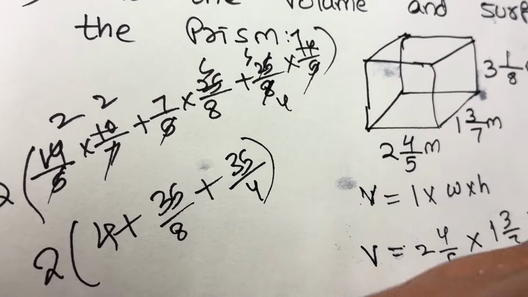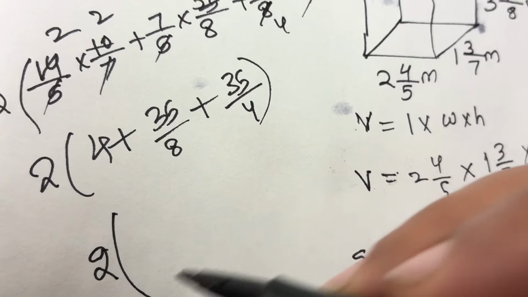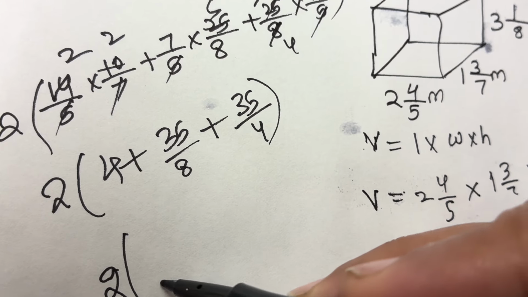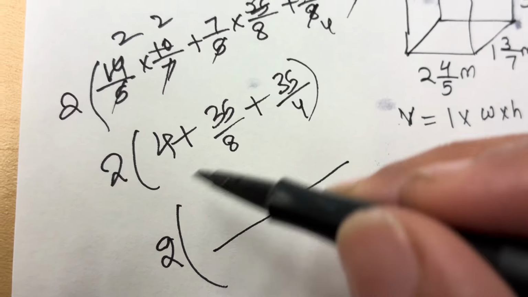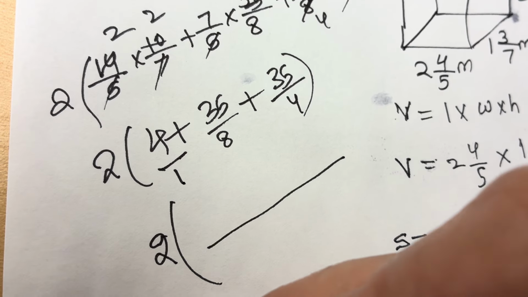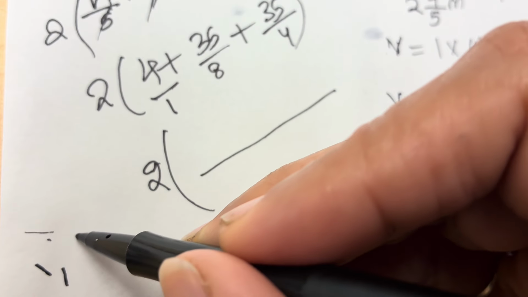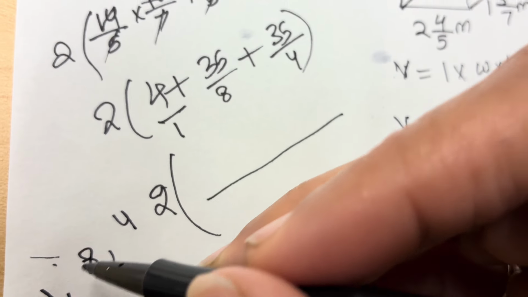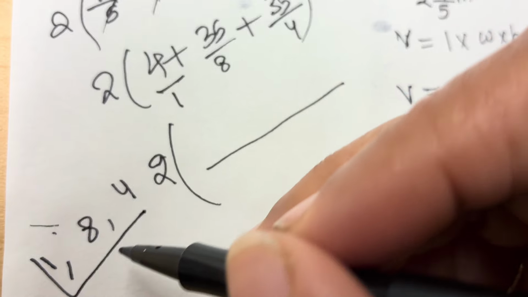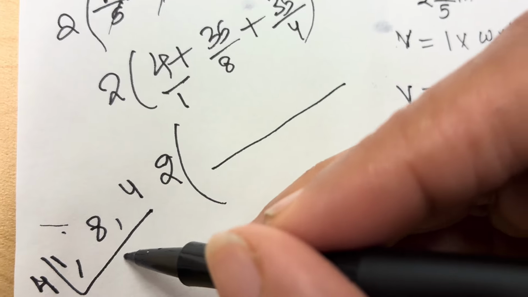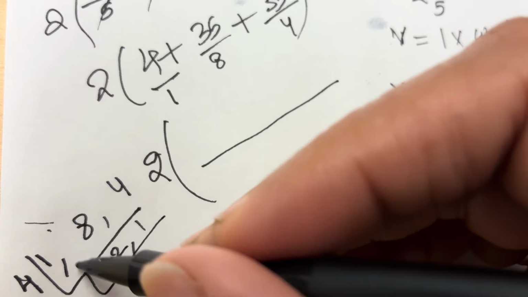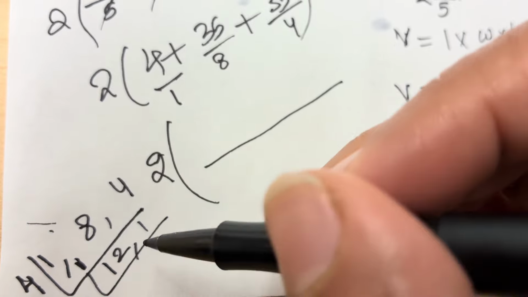So we have this. And for different denominators, we need to take the least common multiple, and I'm going to show you how to do that. The denominators are 1, 8, and 4, and for finding the least common multiple, the 4 table gives 4 times 2 and 4 times 1.